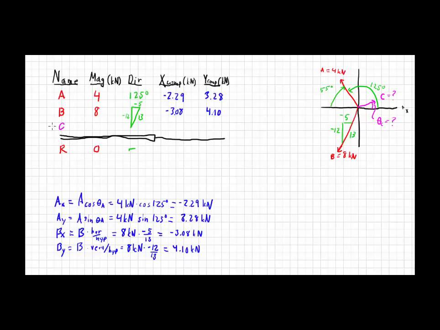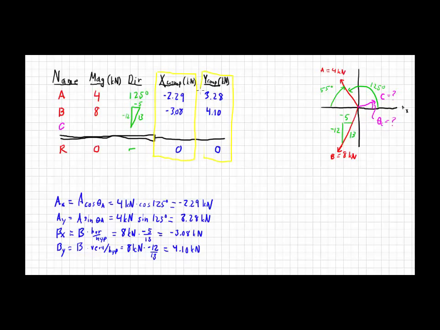There's nothing there. And these two have to be 0. So I look at this column and recognize that this plus this plus this has to equal 0, and the same thing for the y column.